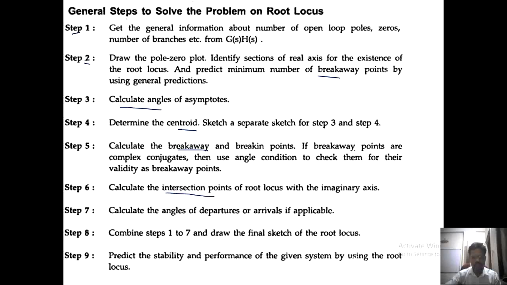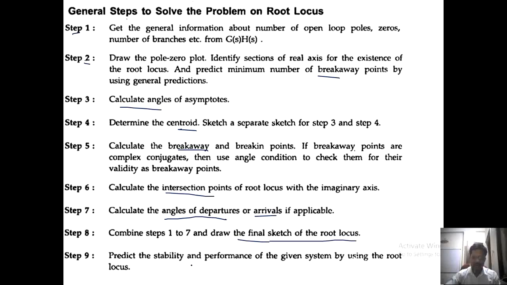If complex poles and complex zeros are available, then calculation of angle of departure or angle of arrival if possible. Then sketch the root locus on graph paper. And the last one is to predict the stability and performance of the given system by using root locus.